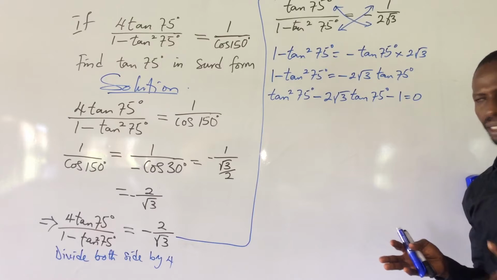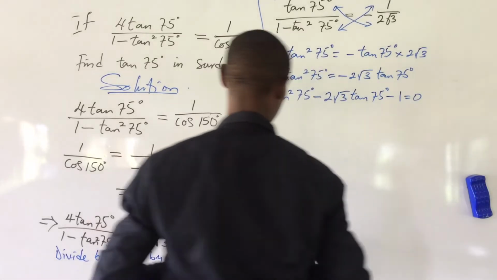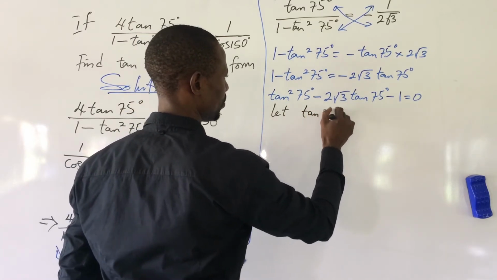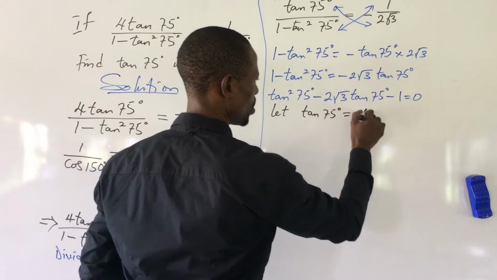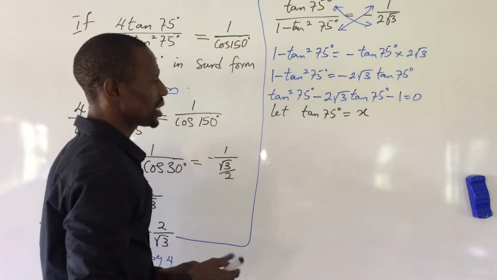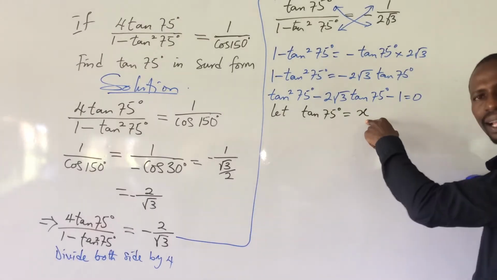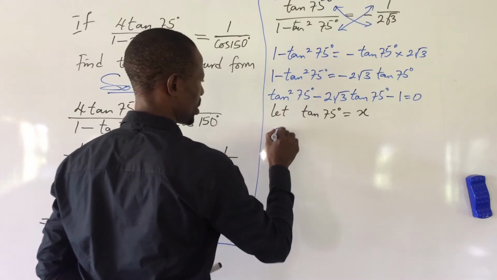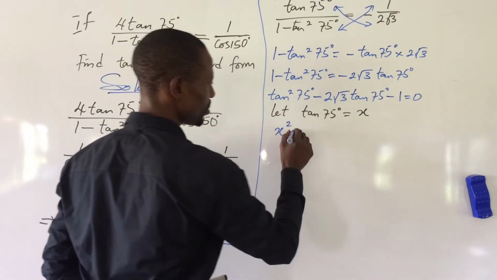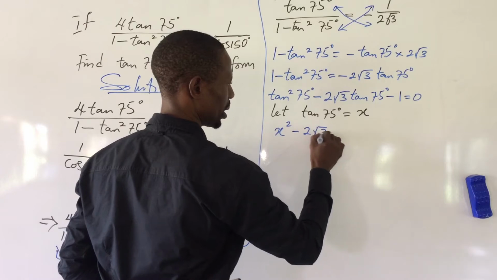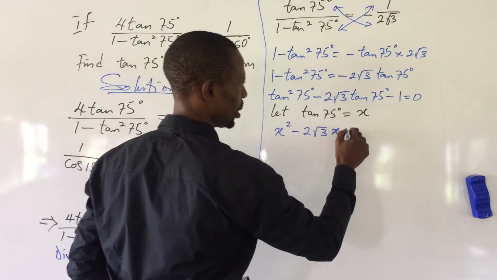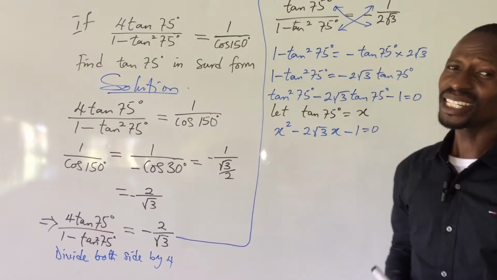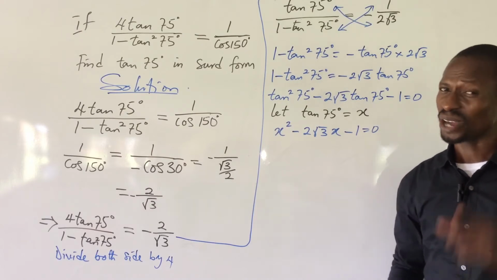But how do we bring out the quadratic equation? Let tan 75 degree be equal to x. Wherever we see tan 75 degree, we put in x. This will now give us x squared minus 2 root 3 x minus 1 equal to 0. Very easy now. You can now see the true picture of the quadratic equation I told you of.